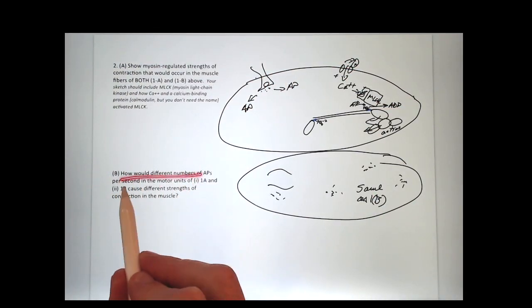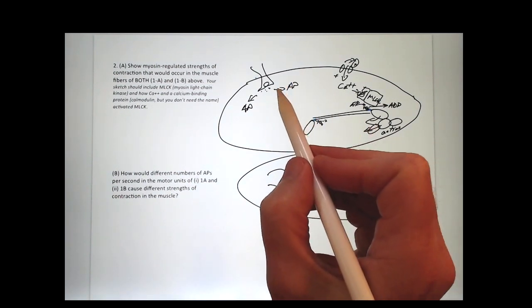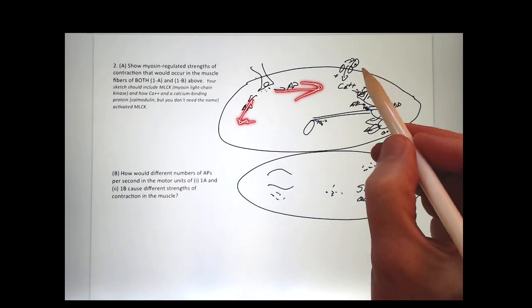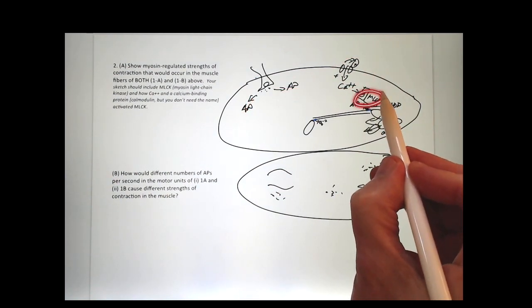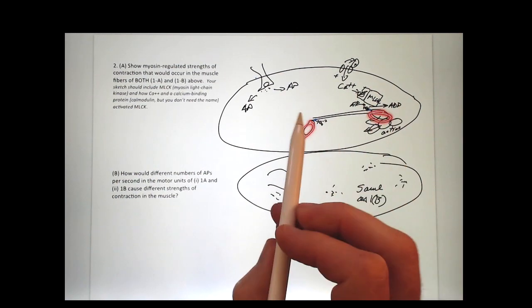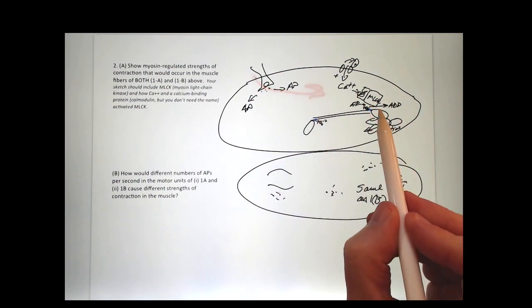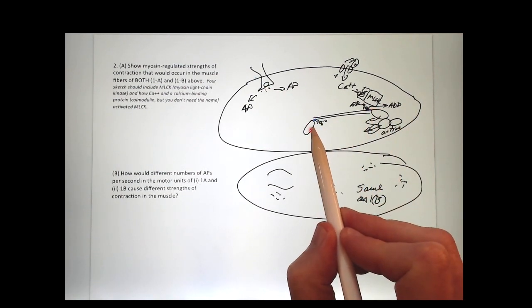B, how would different numbers of action potentials per second in 1A and 1B cause different strengths of contraction in the muscle? In this case, each action potential opens or reopens calcium channels, activates more myosin light chain kinase, and you get more myosin heads activated. So a single action potential might just get a few of them, and you'd have a very weak contraction. Most of the myosins would do nothing.